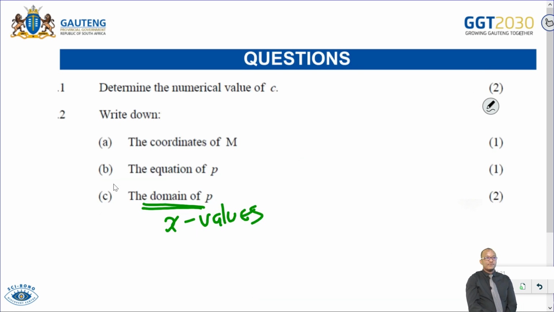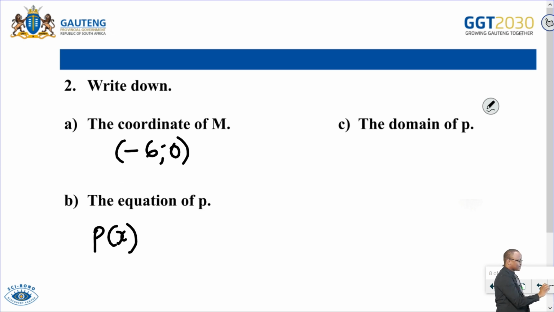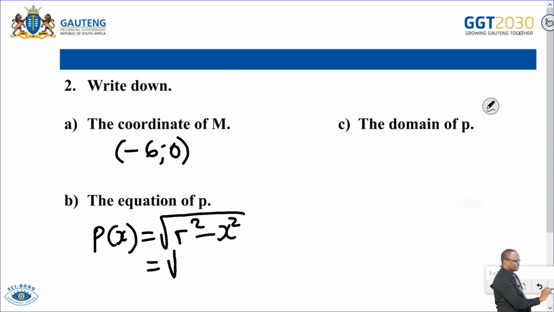So now we can simply say p of x is equal to the square root of r squared minus x squared. Where we see r, we substitute 6 squared minus x squared.